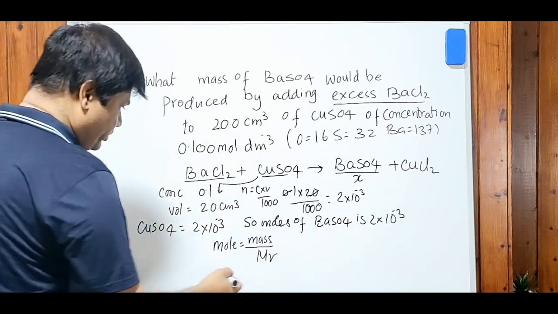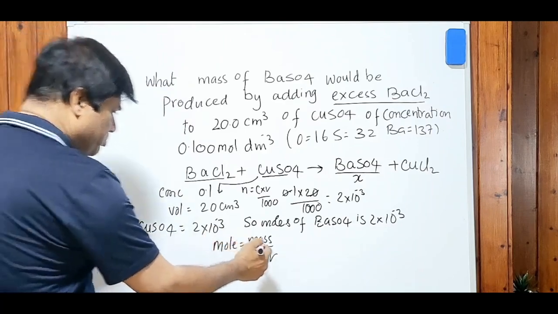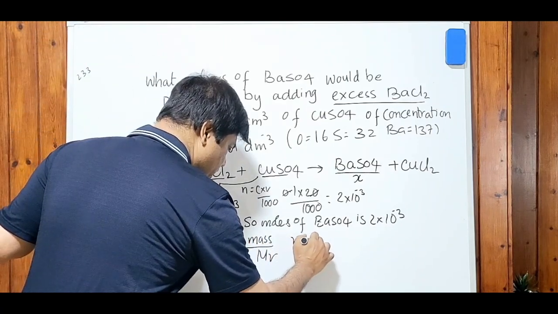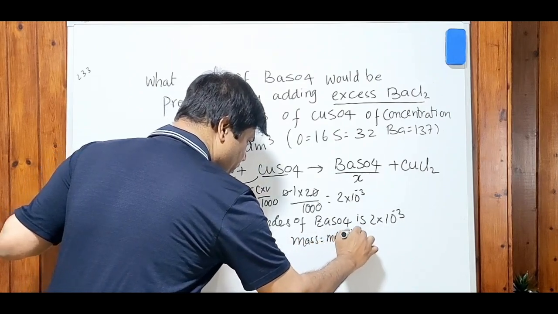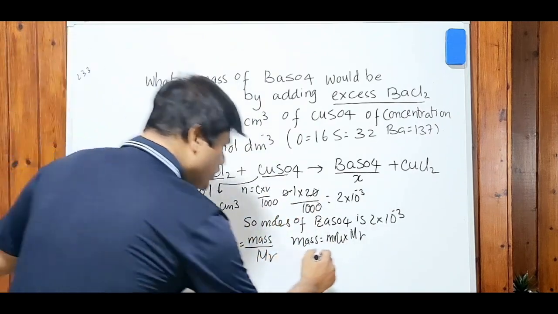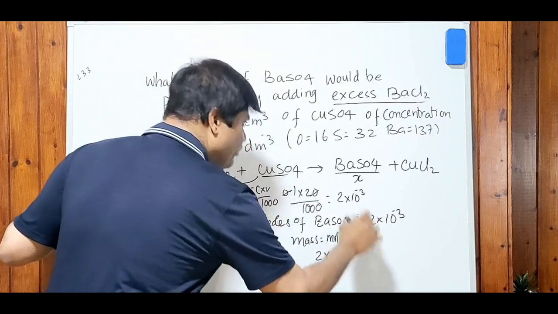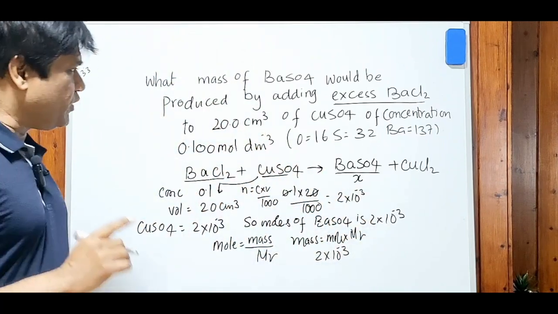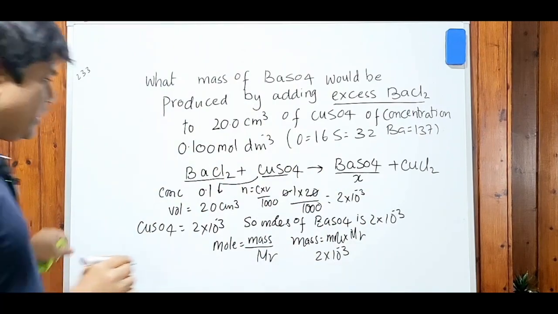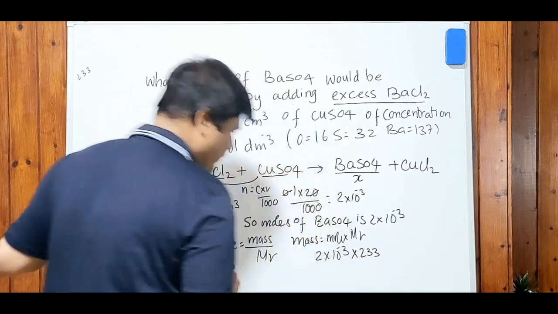Now rearrange this formula to get the mass. Mass equals mole times its Mr. What mole did you get? 2 times 10 to the power of minus 3. When you work out the Mr of barium sulfate, you will get 233.